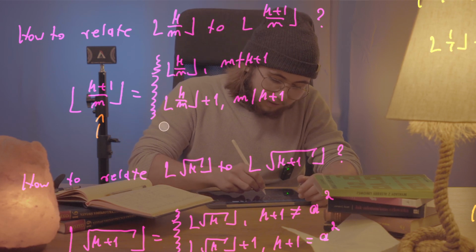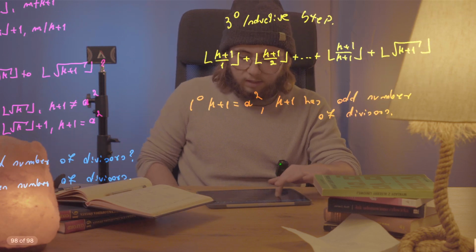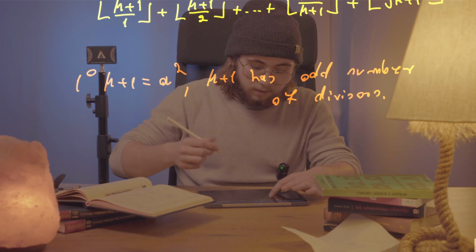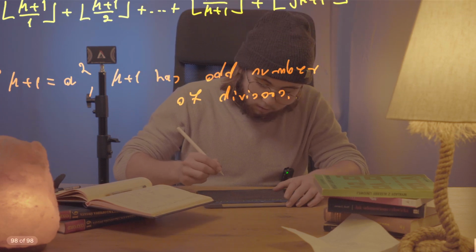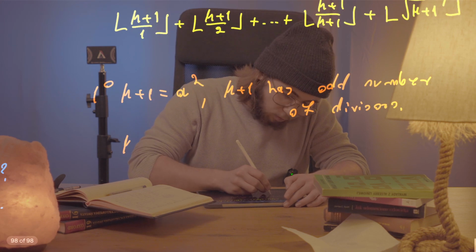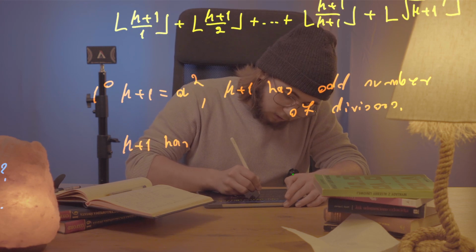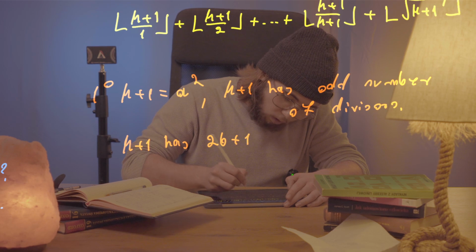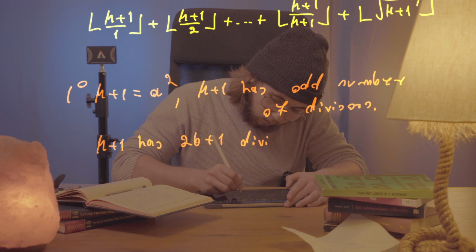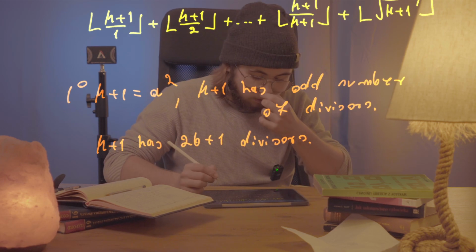And so let's say that k plus 1 has 2 times b plus 1 divisors. Something like this.